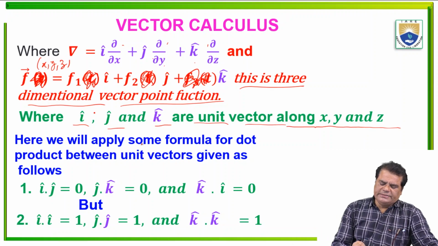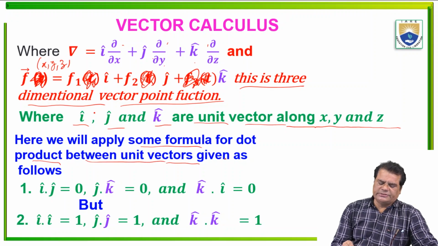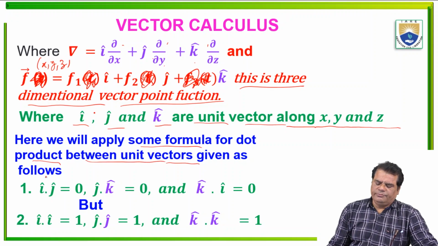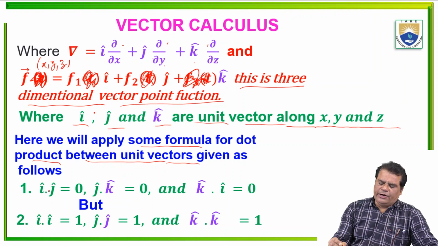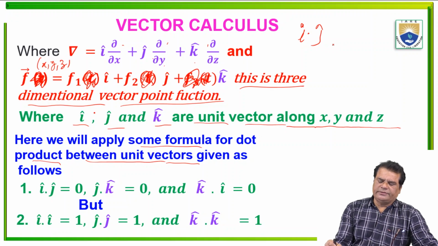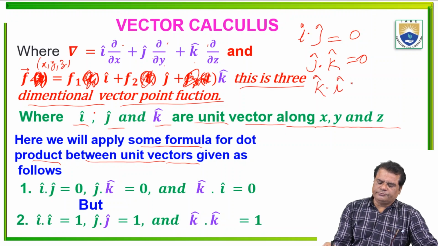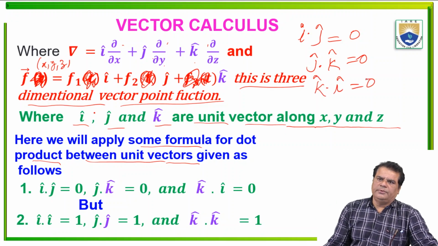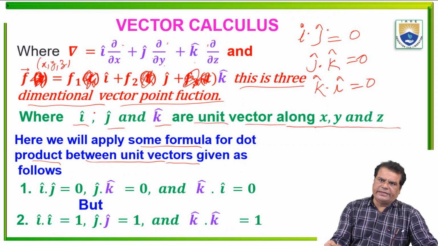Here we will apply some formulas for the dot product between unit vectors. i dot j: the vectors are different unit vectors, so their dot product is 0. j dot k is also 0, and k dot i is also 0, because these are different vectors.